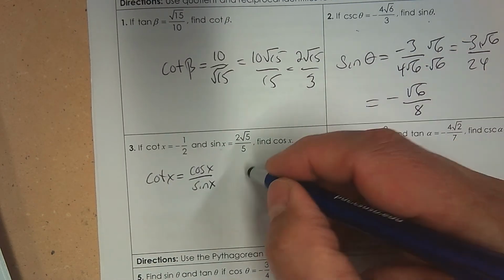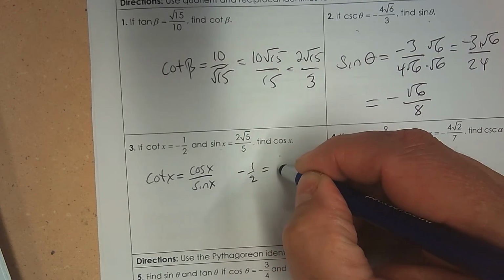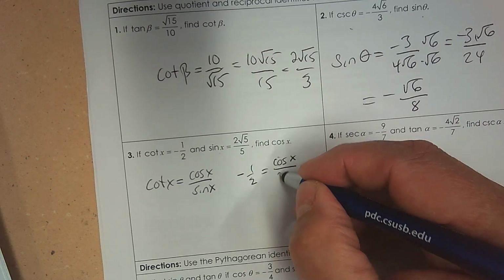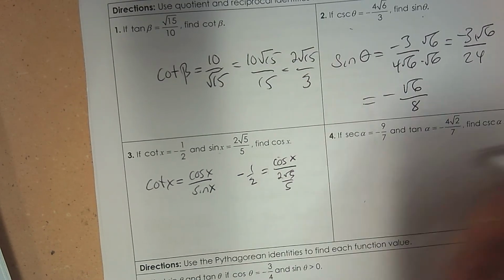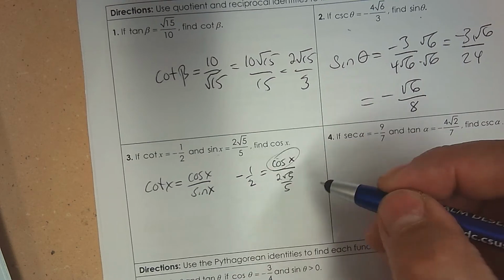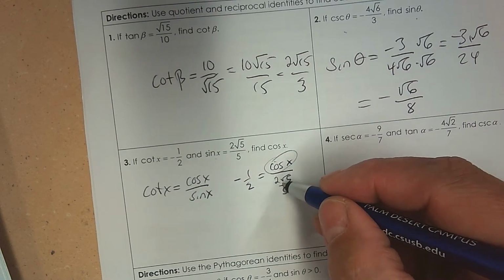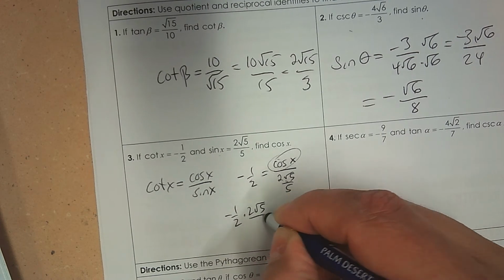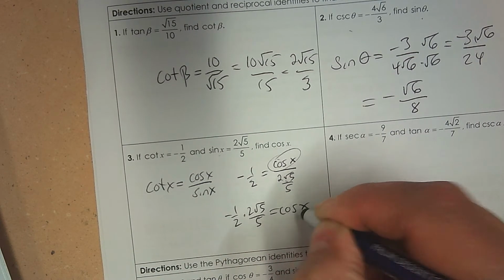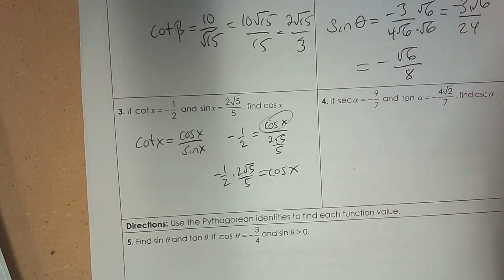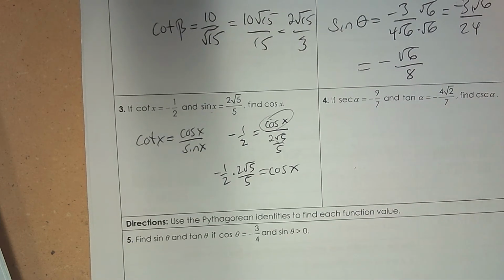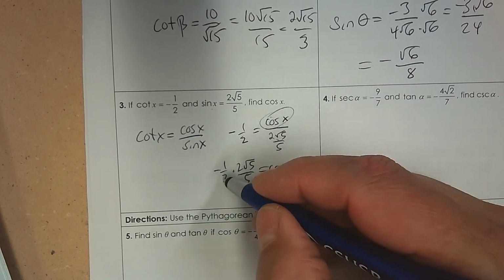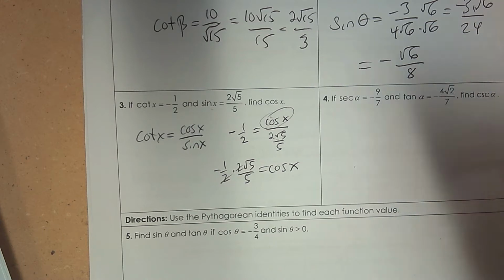So if cotangent is negative a half, and sine is 2 root 5 over 5, then to get cosine by itself, I multiply both sides by that fraction. So I'm not drawing right triangles or using the unit circle, I'm using identities, formulas that I know about trigonometry to help me. So now the 2's divide out and you get negative root 5 over 5.